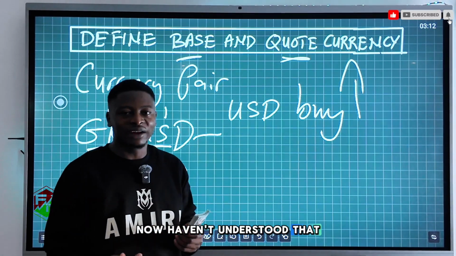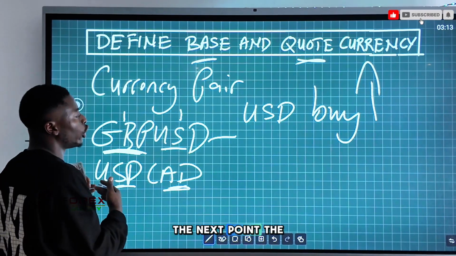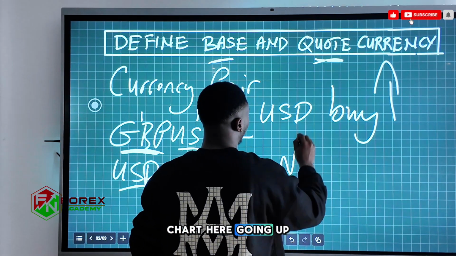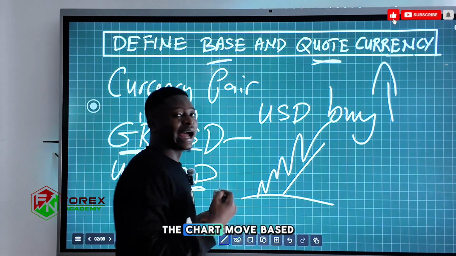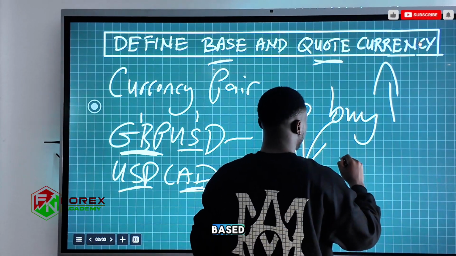Now, having understood that, what does this mean and how can we relate it to the chart? The next point, the chart, we can have a chart here going up and down, right? If the chart is going up, the chart moves based off the base currency.